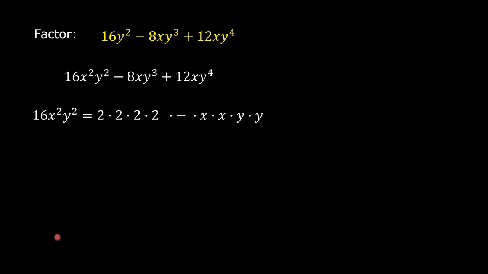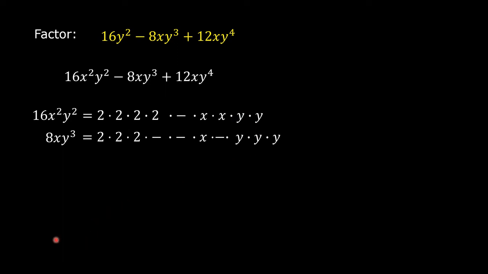Then go to the next term, 8xy cubed. 8 is equal to 2 times 2 times 2 and then x. Y cubed is equal to y times y times y. So we have now 2 times 2 times 2 and then times x times y times y times y. Right? 2 below 2, this 2 below this 2, and then this 2 below this 2, x below x, y below y, and then y below y.